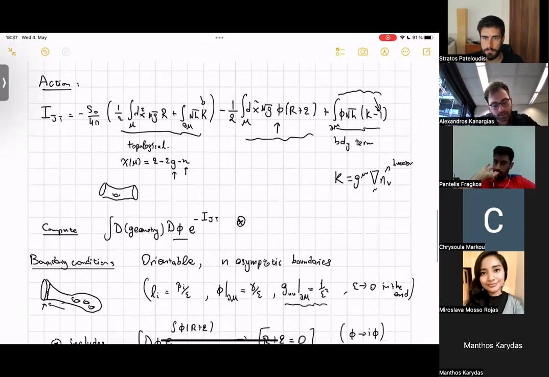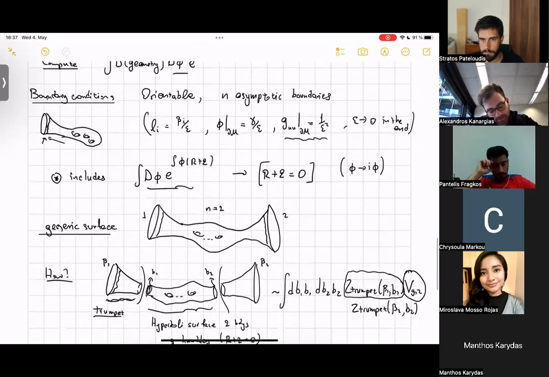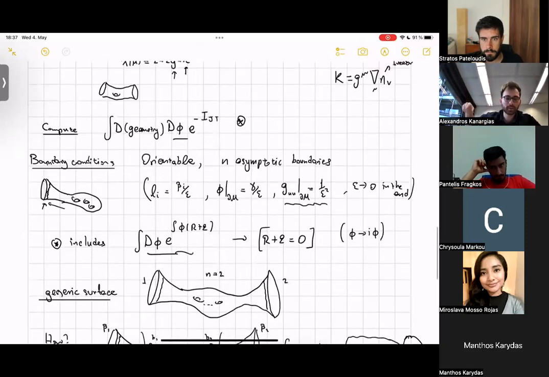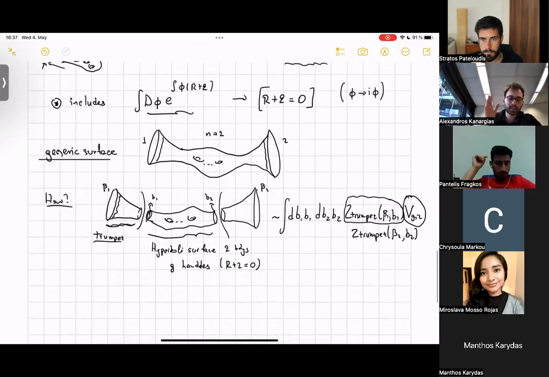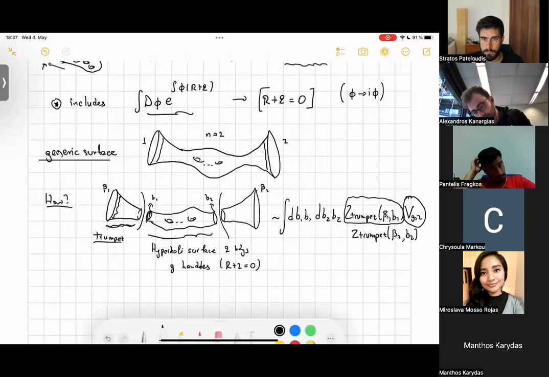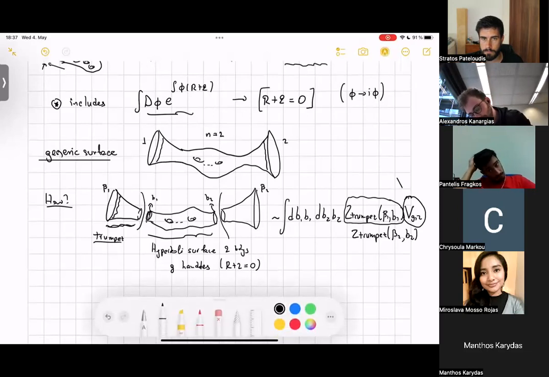So the action in this bulk is just e to the Euler character. So you're simply integrating over all the possible surfaces, and in a sense you just get the volume of this space. It's called the volume of moduli space of this kind of surfaces.